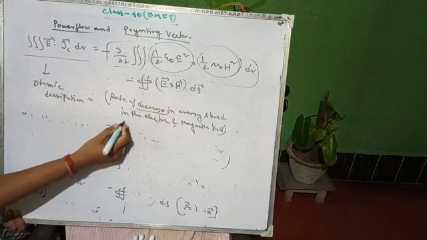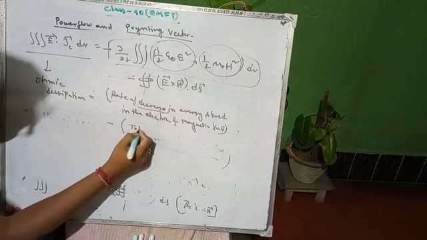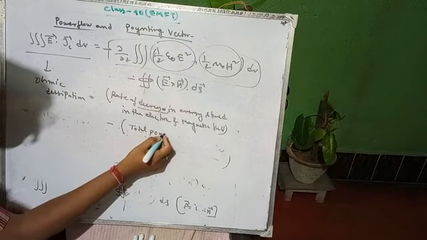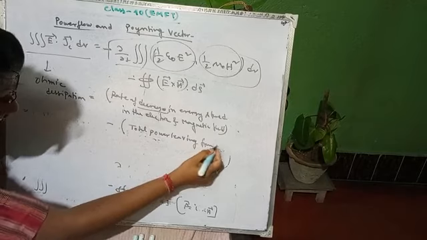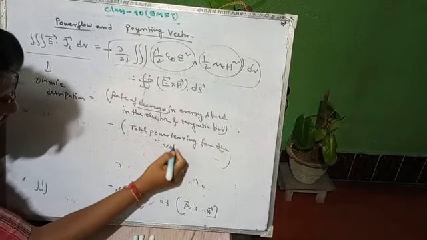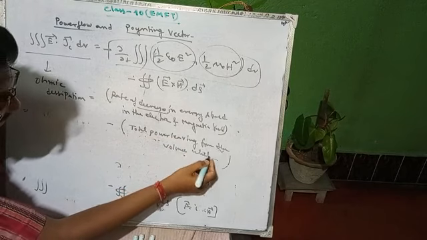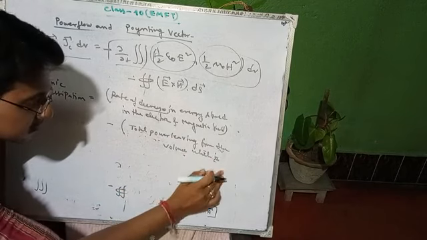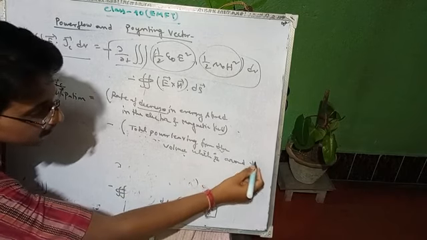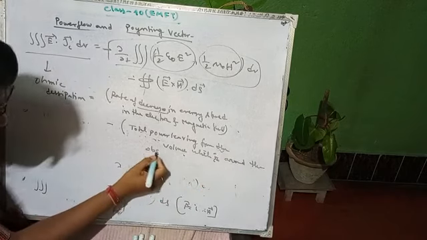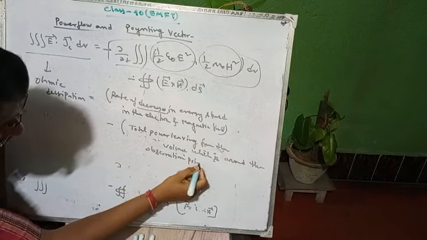And the next one, minus total power leaving from the volume, which is around the observation point.